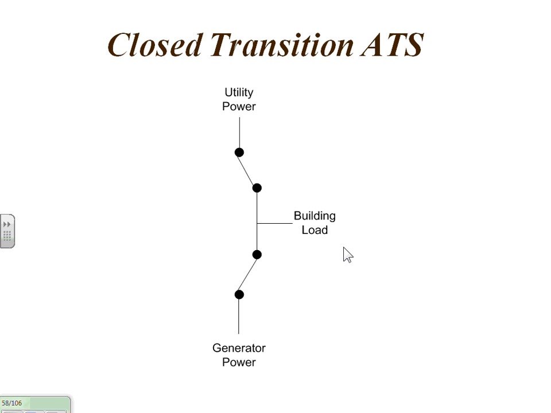This is what it looks like. This is right at the instant of transfer, if you will. We've got utility power coming in. Normally goes through its contactor. This actually has 2 complete sets of, or what I call a pivot style contactor.